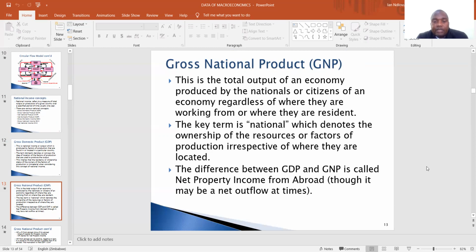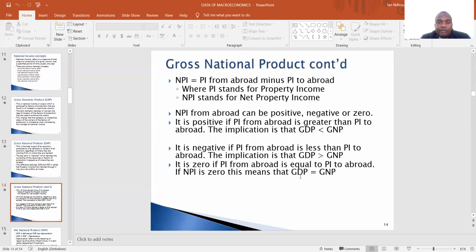So it's a net figure, because from the gross property income from abroad, we subtract property income to abroad, so that we are left with a net figure, after subtracting one aggregate from the other.